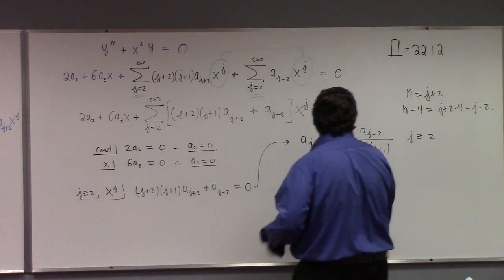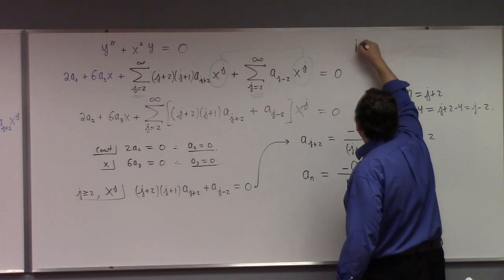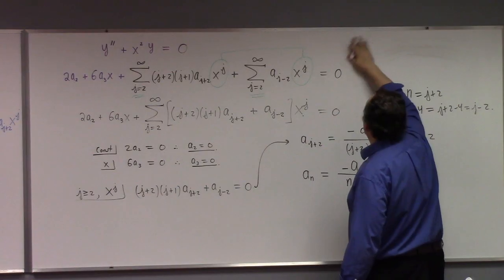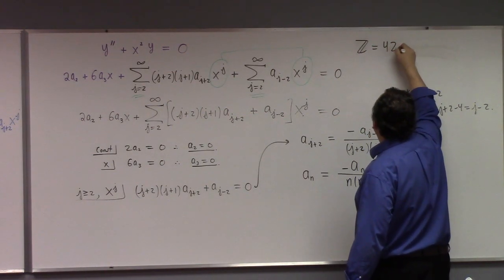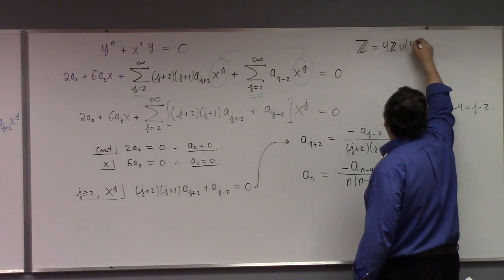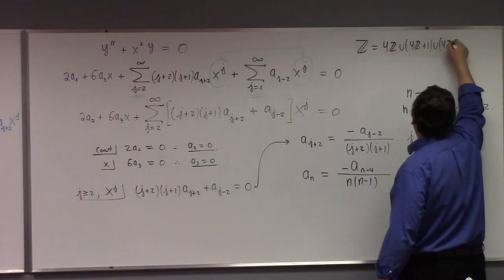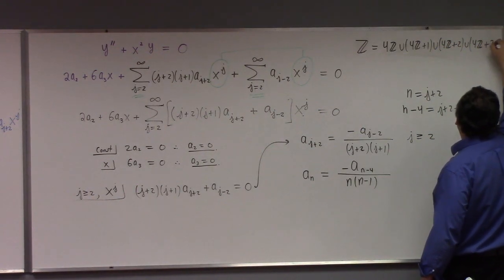Like, if we take the natural numbers, well, forget the natural, integers. We can write those as multiples of 4, plus 1, multiples of 4 plus 2, multiples of 4 plus 3.